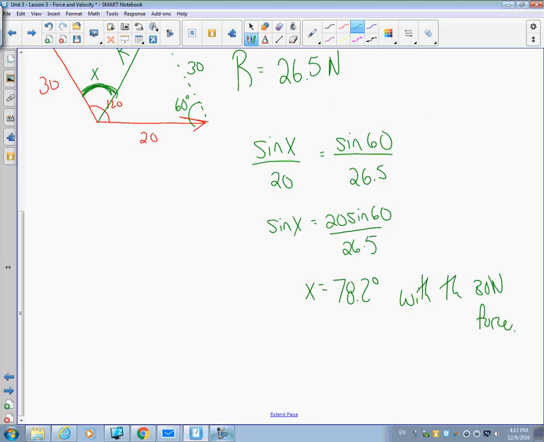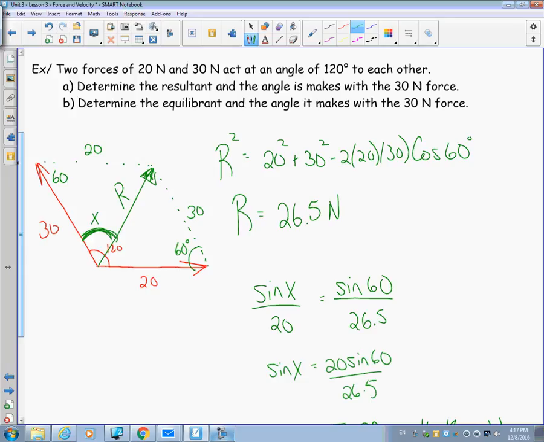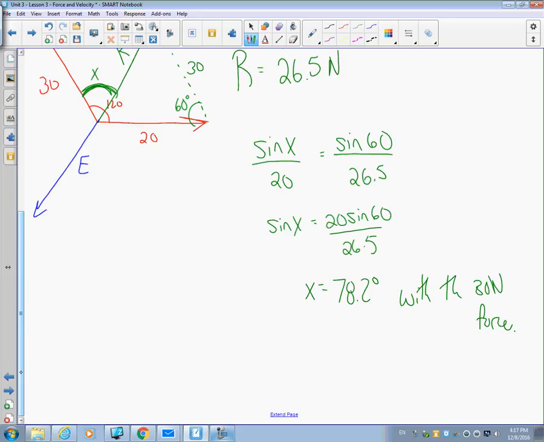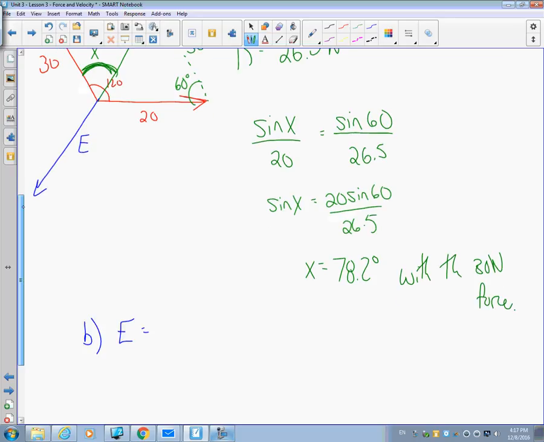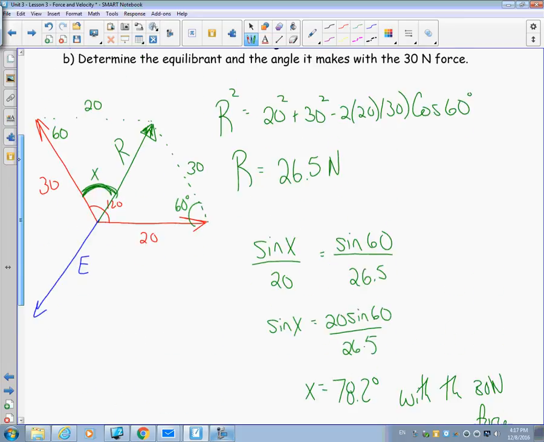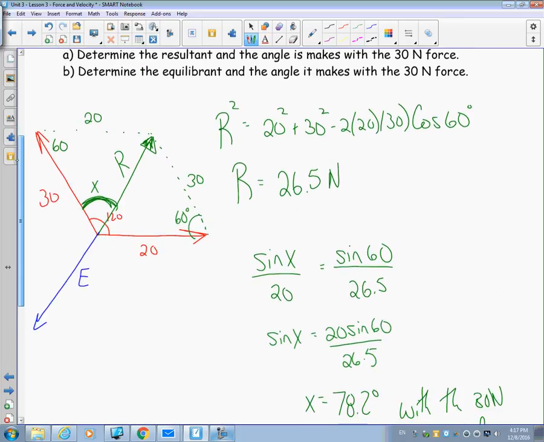Okay, so let's look at the equilibriant now. Part B. Determine the equilibriant and the angle it makes with the 30 newton force. So the equilibriant is going to balance out our first force. Well, the nice thing about that is our equilibriant has to be the exact same size. So for B, the equilibriant has to be, what's our number here? 26.5 newtons. Okay. The tricky part is I have to figure out the angle it makes with the 30 newton force.